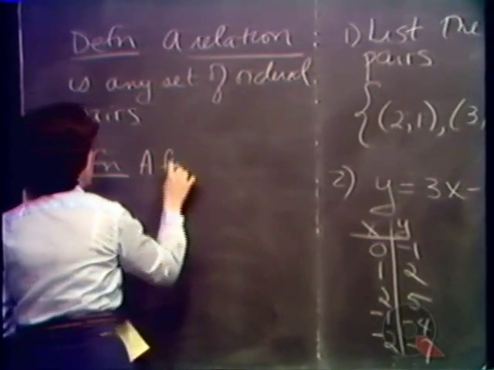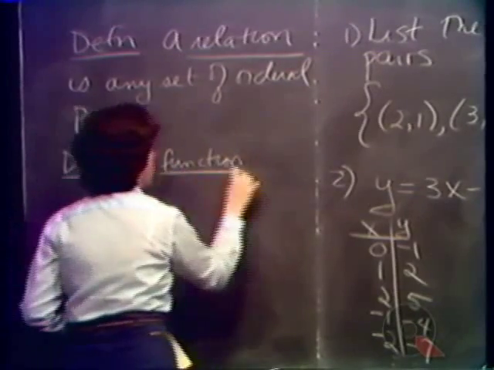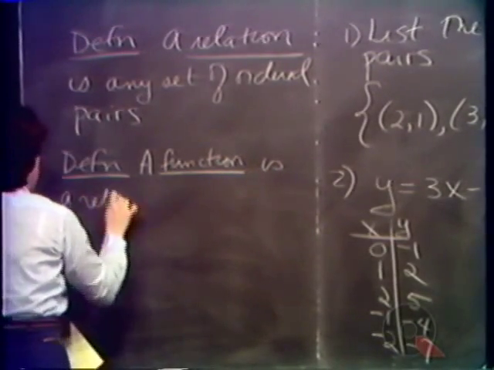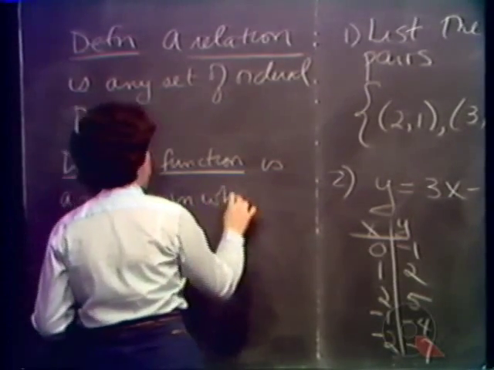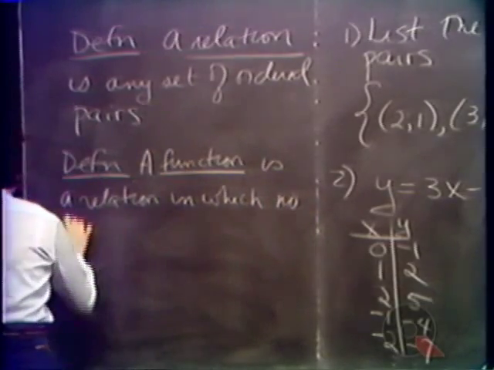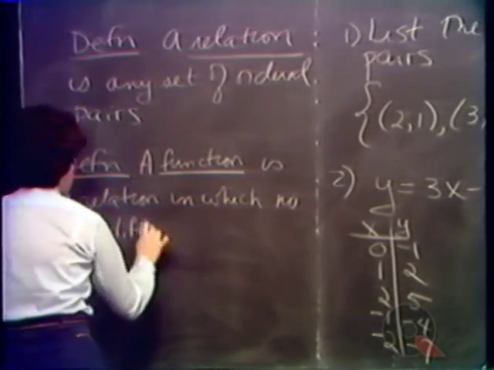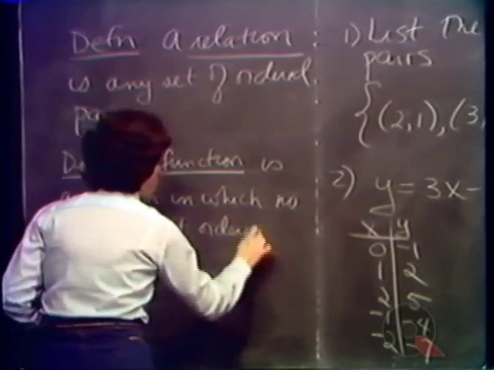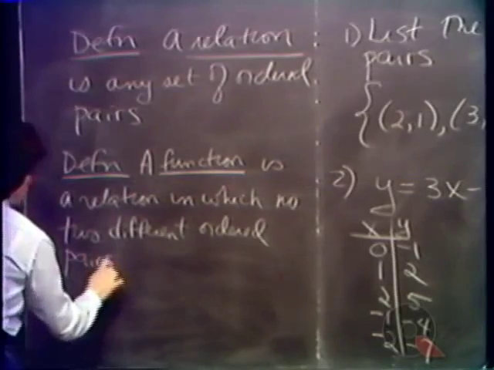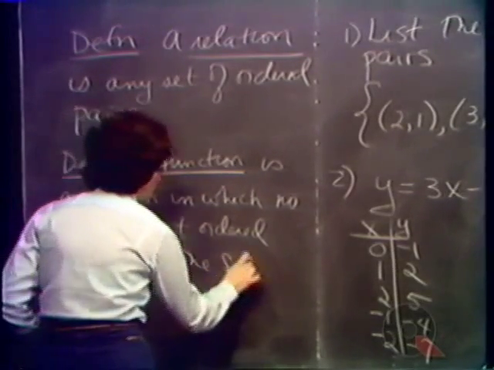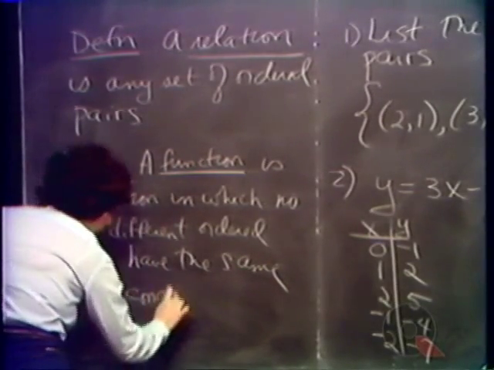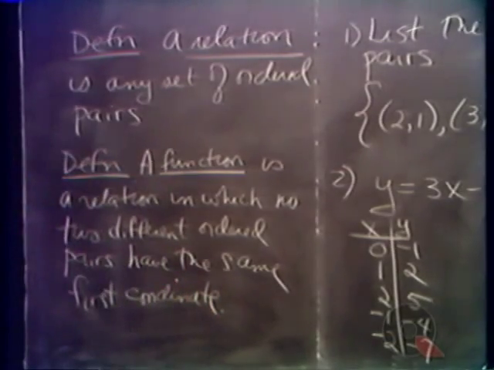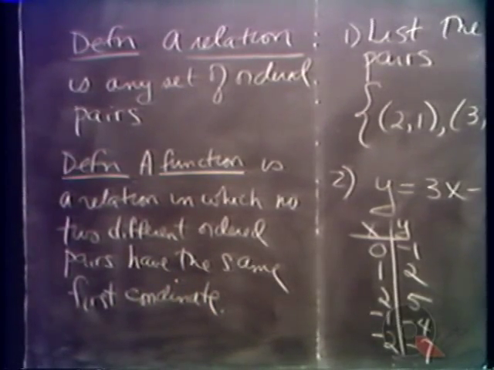Now, a function is a relation in which no two different ordered pairs have the same first coordinate. A function is a relation in which no two different ordered pairs have the same first coordinates.